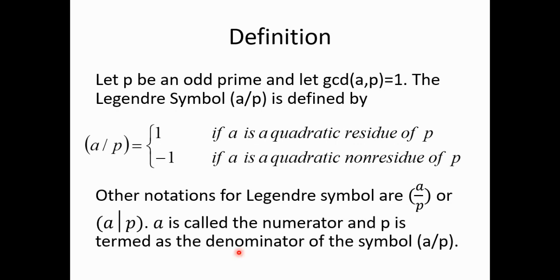So let us define the Legendre symbol. Let P be an odd prime and let A be relatively prime to P, that is, GCD of A and P is 1. The Legendre symbol A oblique P, or A upon P, is defined as follows: it has value 1 if A is a quadratic residue of P, and it has value -1 if A is a quadratic non-residue of P. We have already seen quadratic residue and quadratic non-residue of a prime.